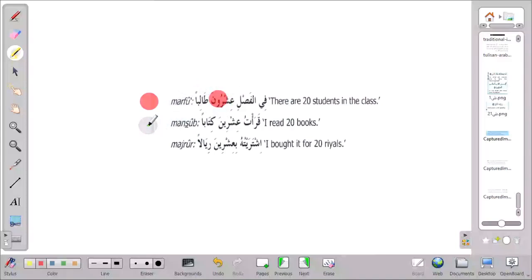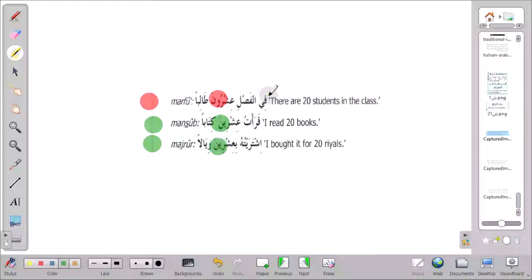When it is mansub or majrur, it will now be ishrin, not run. I hope that is clear. The waw and nun at the end is when it is marfu. But when it is mansub or majrur, it will end with yai and nun.